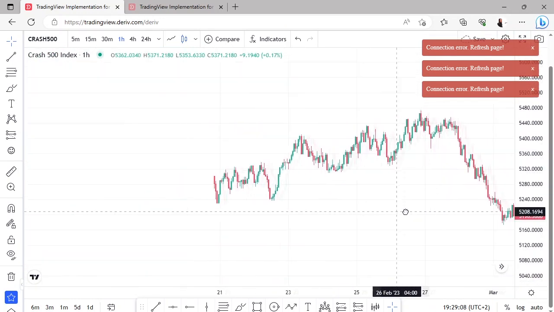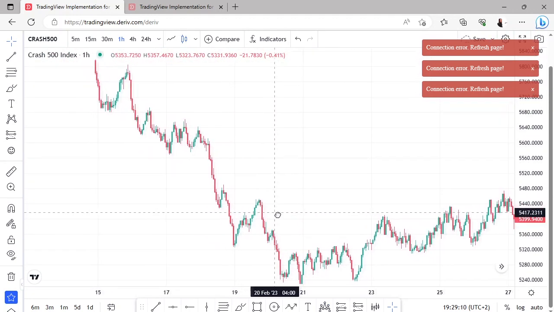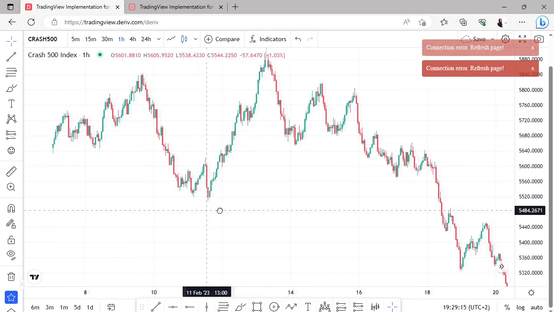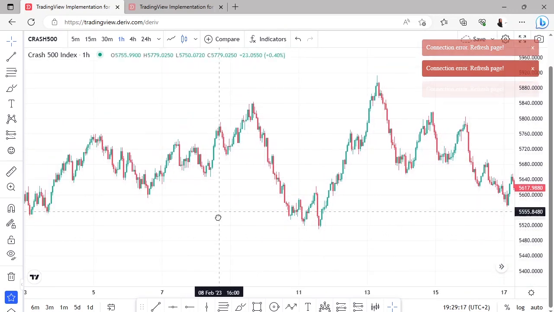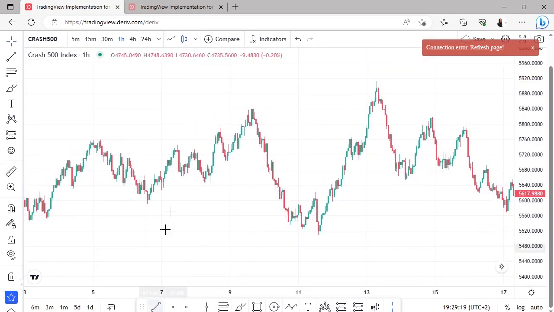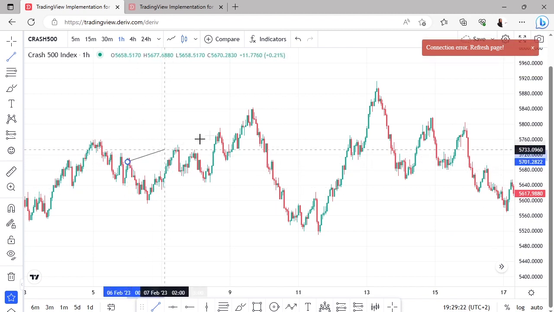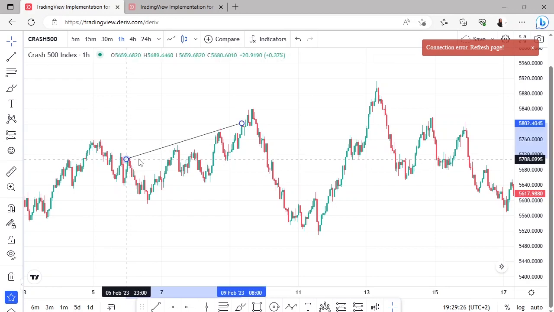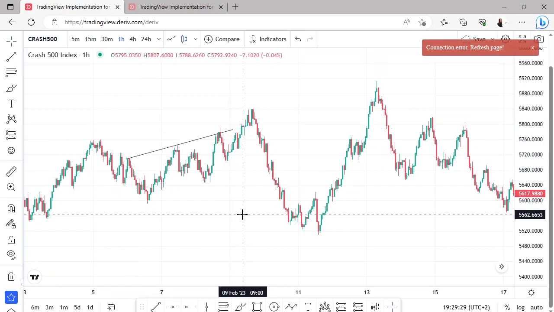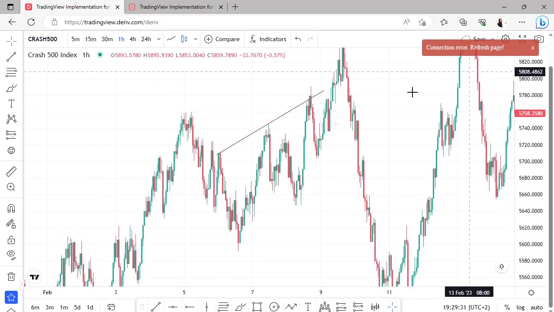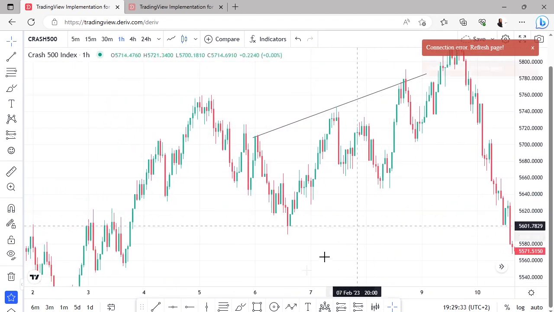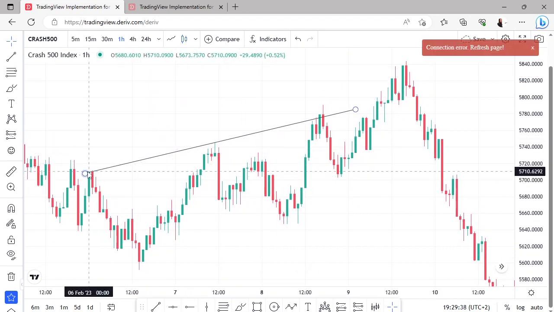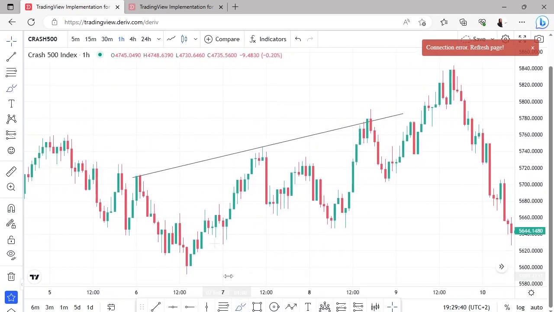A diagonal trend line. So overall, okay, let me just use this one. So overall this is our diagonal trend line. So overall you can see, okay, we have this, first touch.